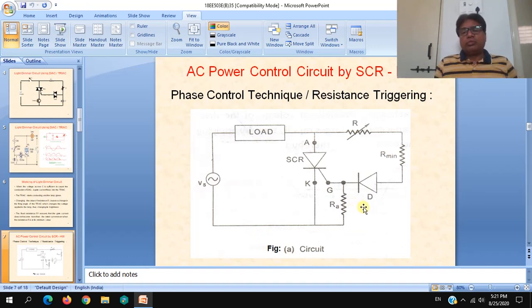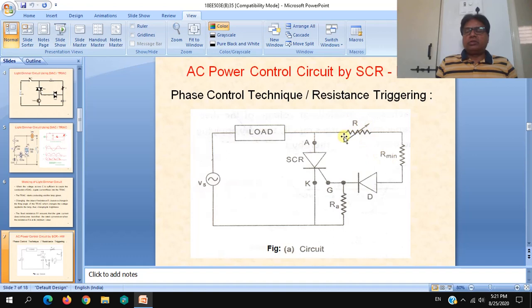We can say that the extra energy which may be supplied via the diode will be consumed within this resistance, and it will also help in maintaining the required gate to cathode voltage to trigger the SCR.